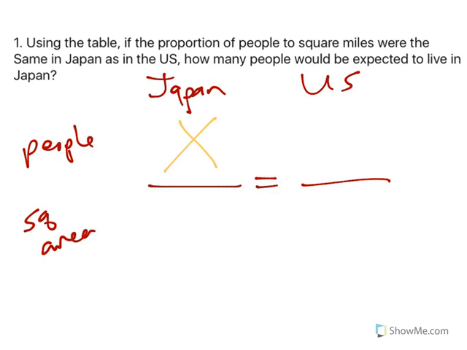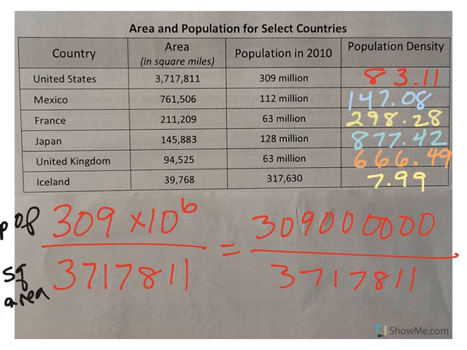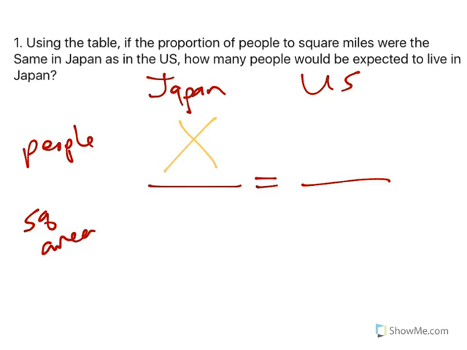So the question is, what if? If Japan was like the U.S., and we know that they're not. Look at the values. Here's the U.S., here's Japan. It's very obvious those are different. So we're saying pretend Japan was like us. How many people would they have to have a population density like us?